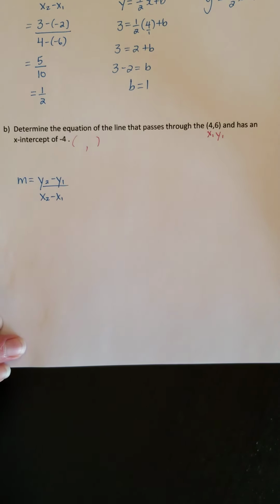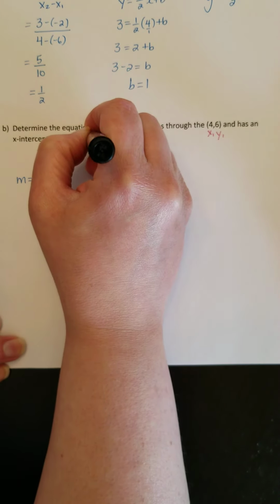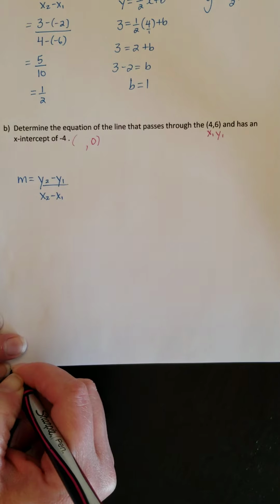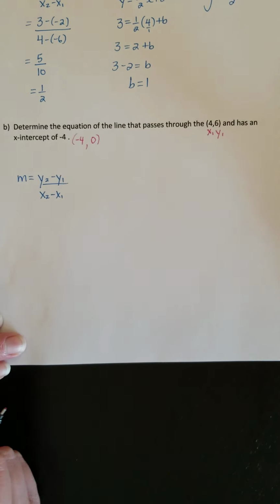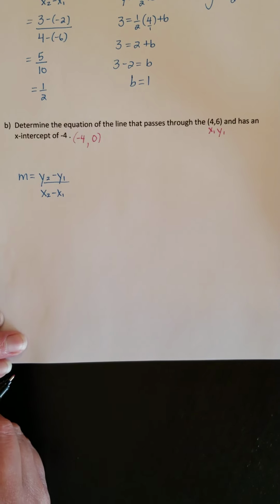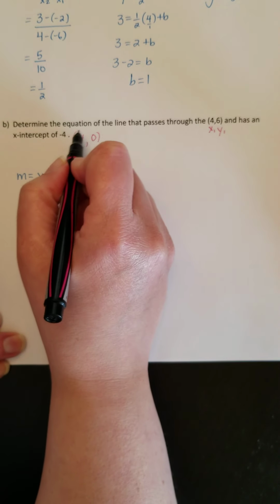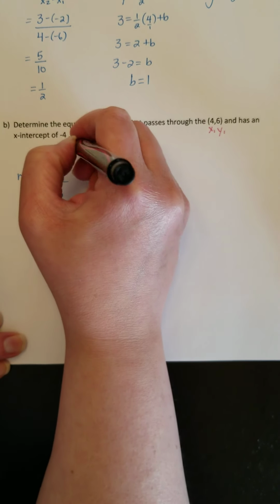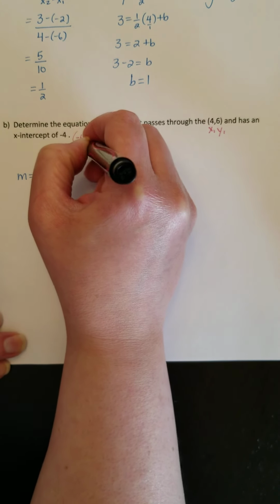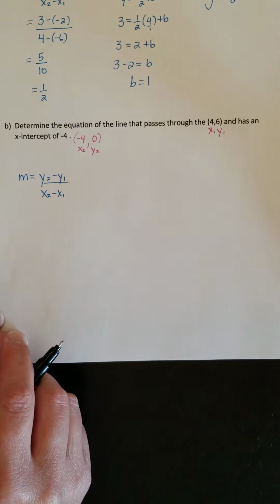So we know that at the x-intercept, the y value is 0. So I'm going to put a 0 for my y value. And the x value, it tells me the x value is -4. So I can use this. You sometimes aren't given your point written out like a point. It might be an intercept. And that's my x2 and y2.